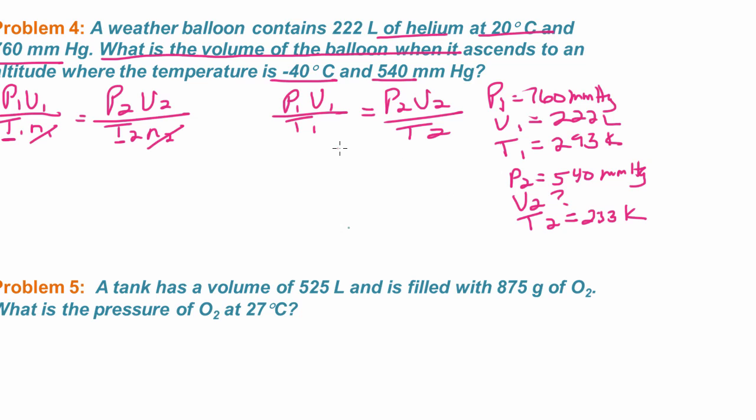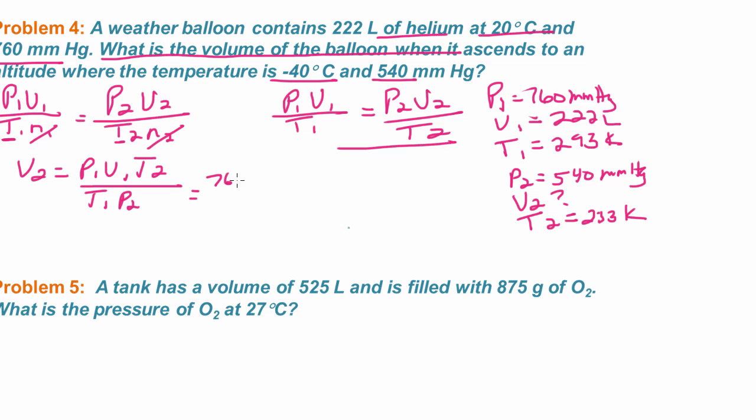So I'm going to go ahead and solve this for V2. V2 is going to be equal to P1 V1 times T2 divided by T1 times P2.